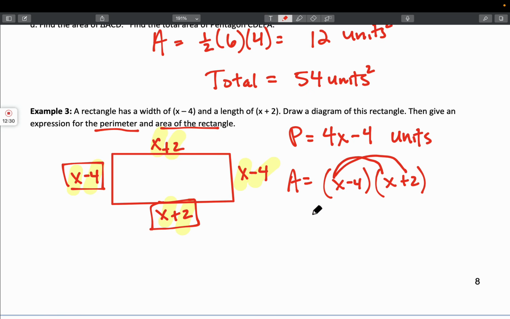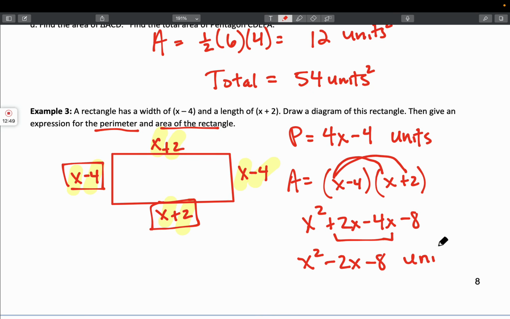So that's x times x, which is x squared, x times 2, which is 2x, negative 4x, and negative 8. Combining our like terms in the middle, we get the expression x squared minus 2x minus 8, and now we have units squared. There is our expression for the area of this rectangle.